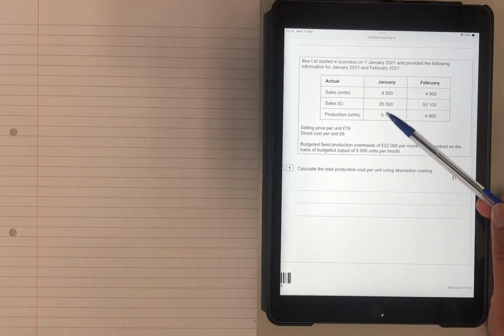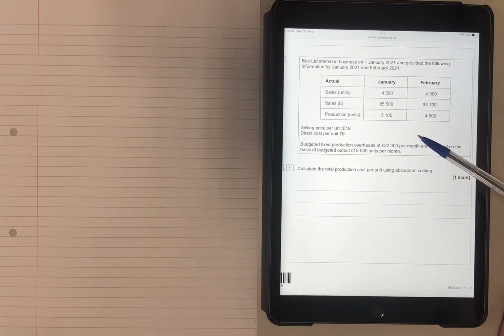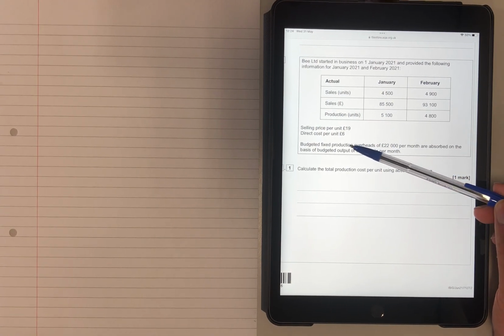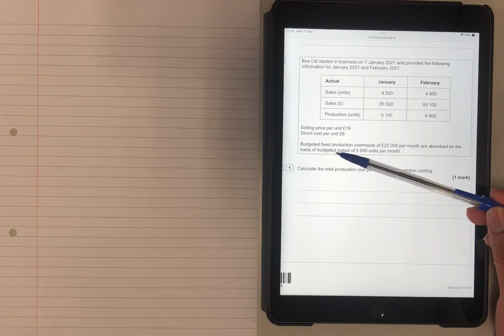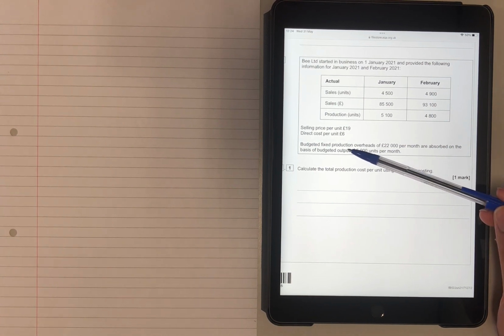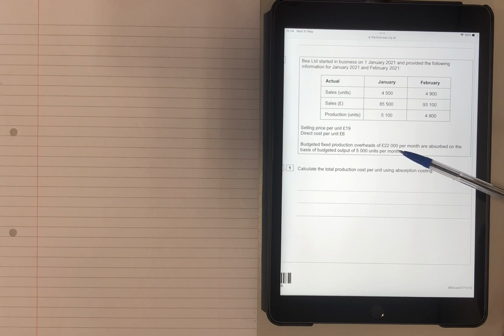So basically, this is a management question on absorption costing. So they've given us data for 2 months, sales, production, etc. And then they've mentioned that the fixed production overheads, the budgeted amount is £22,000 per month, okay? And they are absorbed on the basis of budgeted output of 5,000 per month.